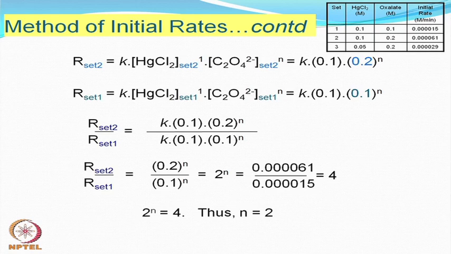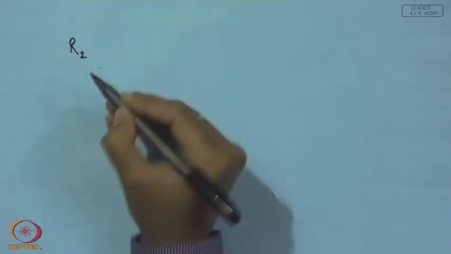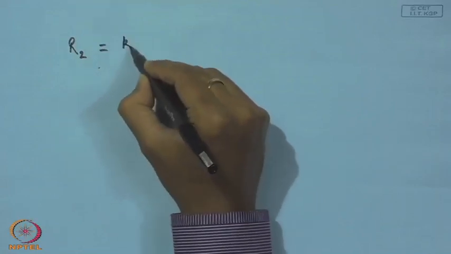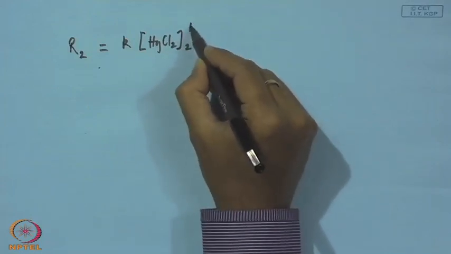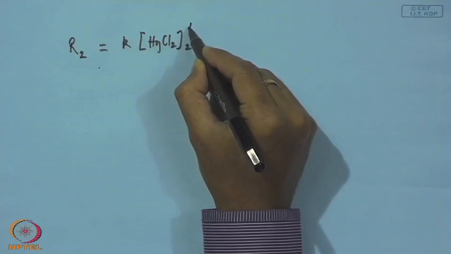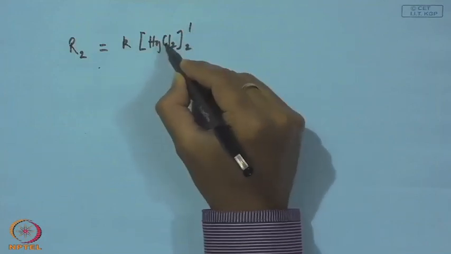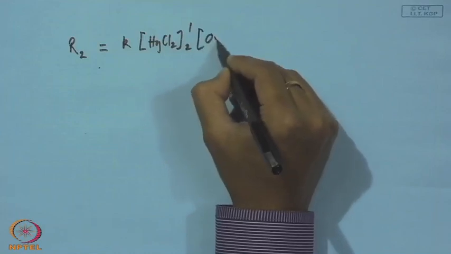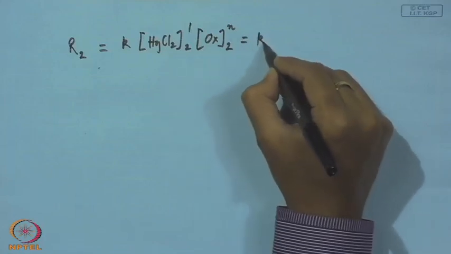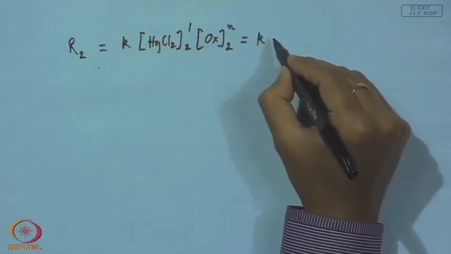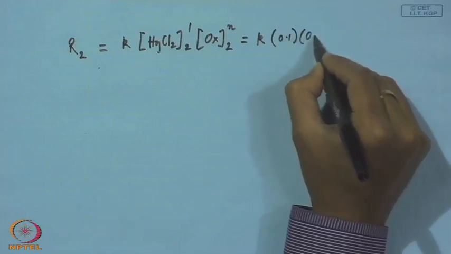Now, we have to find the order with respect to the other reactant. Okay. So, in that case we have to use the other two sets. R2 is equal to K, then [HgCl2] to the power 1, because we have already found that it is first order with respect to HgCl2, then [Ox] 2 to the power n, which is equal to K into 0.1 into 0.2 to the power n.